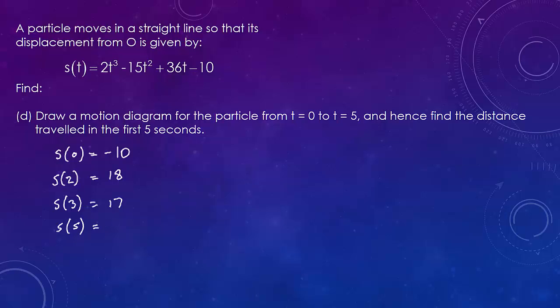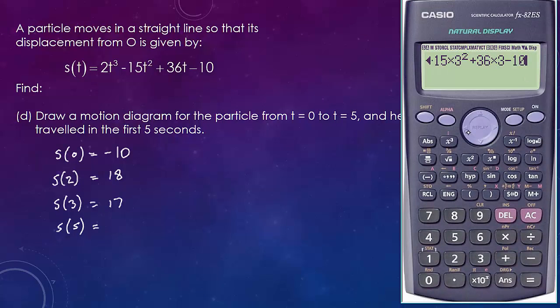So we need to work that out. And fortunately all we need to do is go through and change the 3's into 5's because it was the last calculation I did. So that's 45.